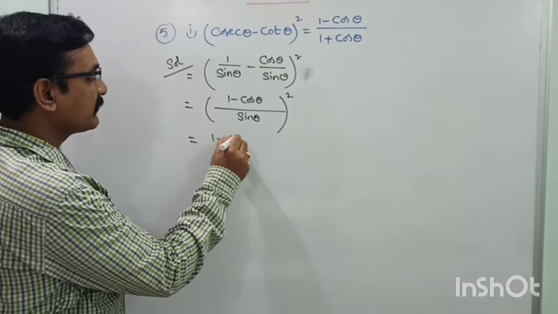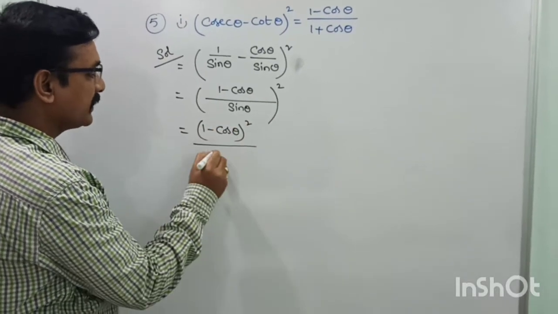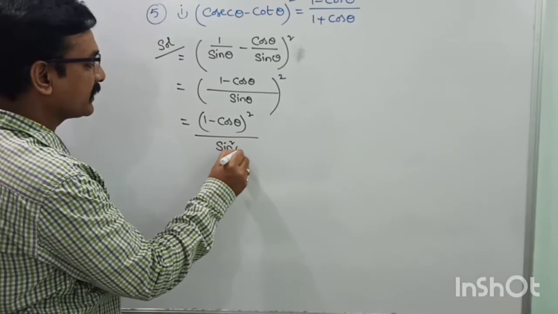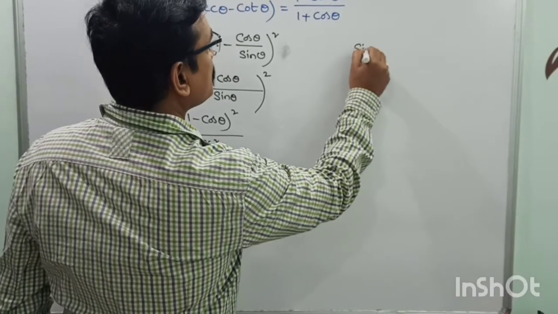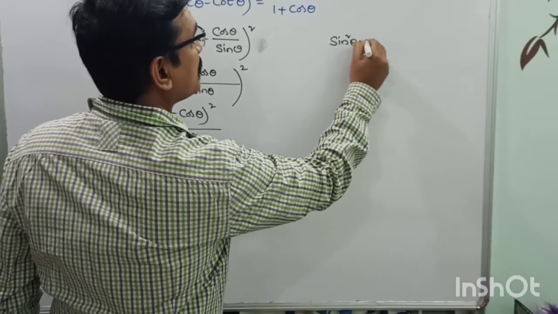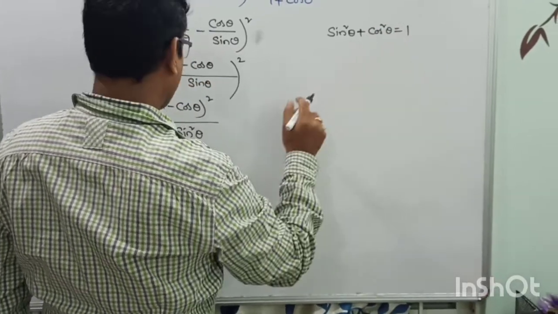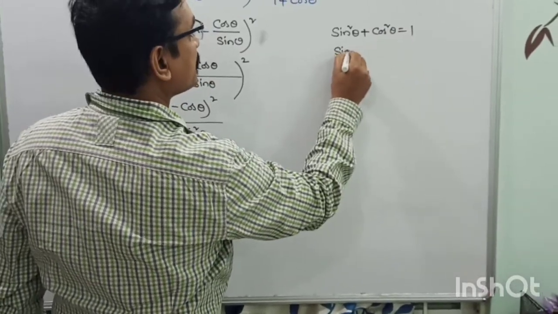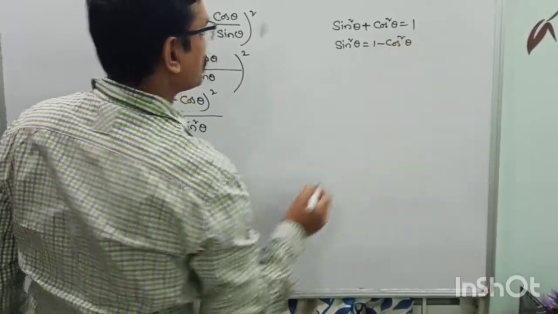So we can write here (1 minus cos theta) whole square, and the denominator we can write as sine square theta. Since we have the identity sine square theta plus cos square theta equals to 1, sine square theta we can write here as 1 minus cos square theta.